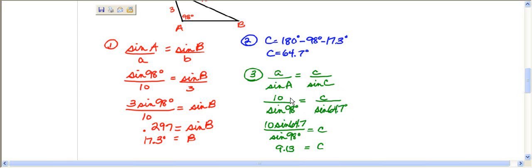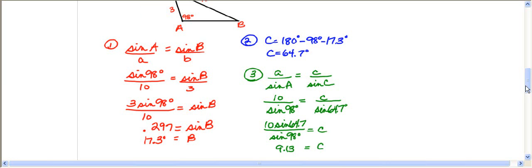And then we multiply by sine of 64.7 to get 10 times sine of 64.7 over sine of 98 degrees is equal to c. And using our calculator, we get 9.13. So this was a case where there's exactly one triangle that satisfies the information that is given.